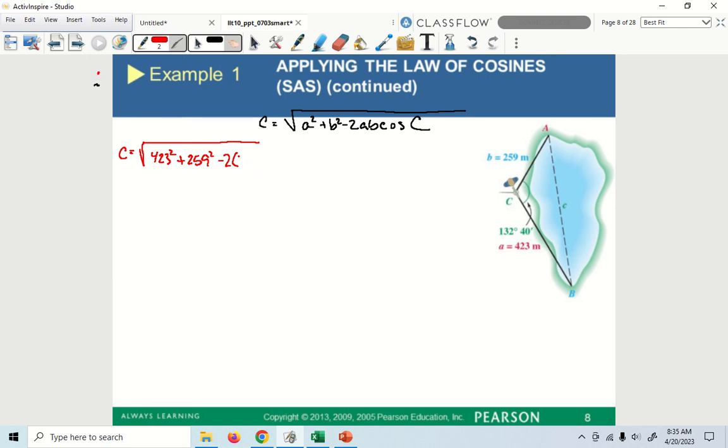So minus 2a, which is 423, times b, which is 259, times cosine of big C, which is 132 degrees 40 minutes. And all this is inside my radical right there.